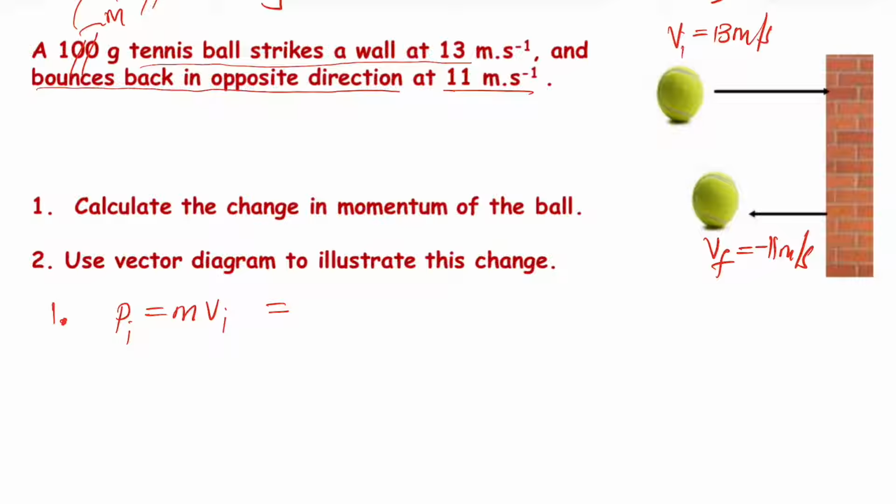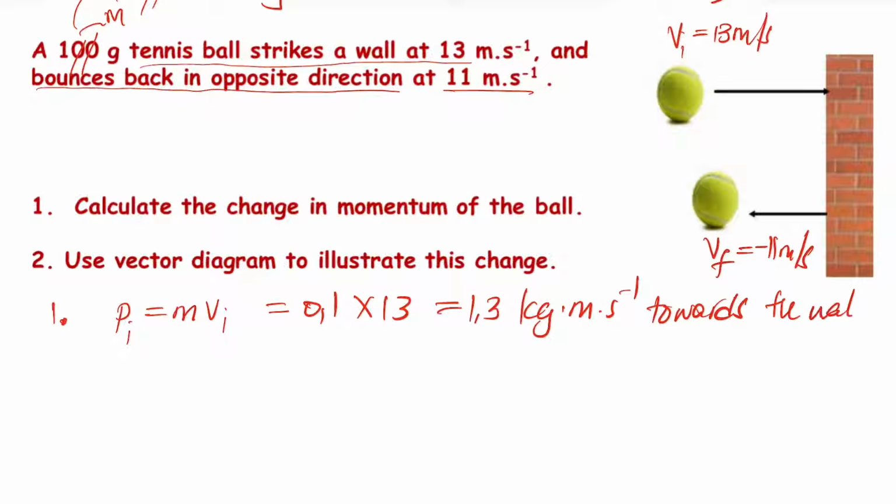The mass is 0.1 times what? 13. So 0.1 times 13, when you punch that in the calculator, it's 1.3. 1.3 what? Kg meter per second towards the wall. Okay, let's say the direction, it's towards the wall, right?